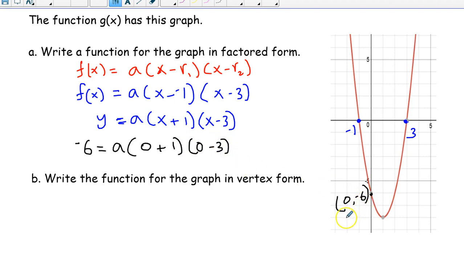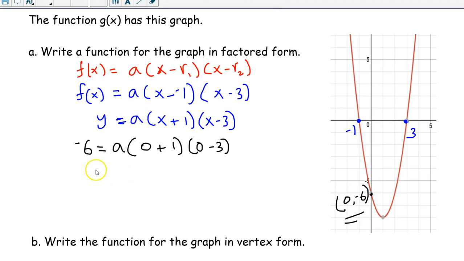So we made use of this y-intercept in this function where a is not known yet, but the function is just the same, a times x plus 1 times x minus 3, but we are trying to find the value of a. Okay, now let us just simplify further.